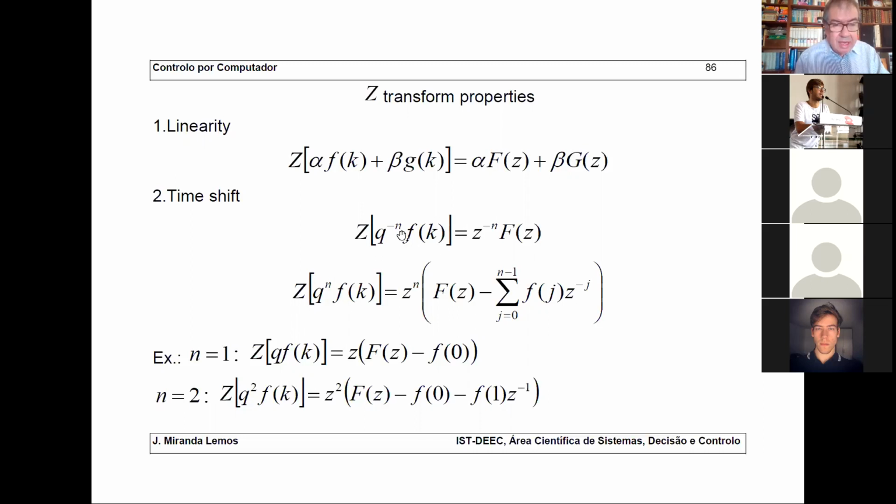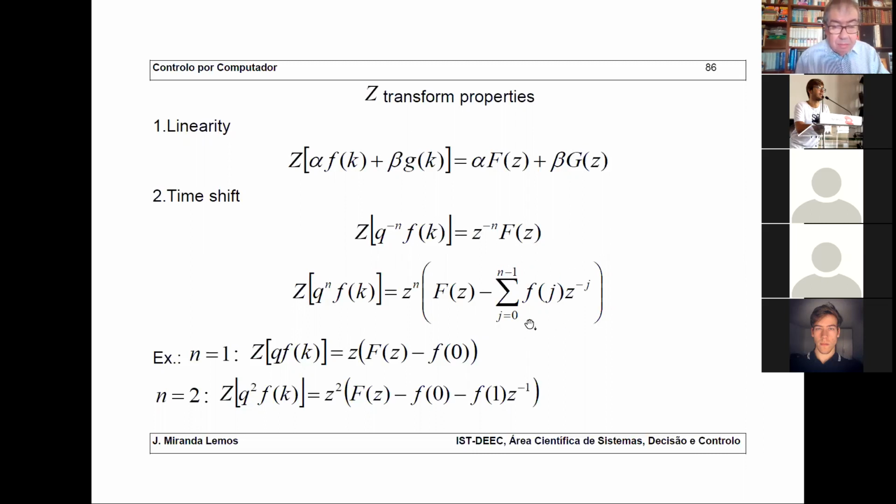It's like applying an operator that shifts f backwards. If I know f of z and I shift f of k backwards, then the z transform of the shifted sequence is z minus 1 times the z transform of the original f of k.